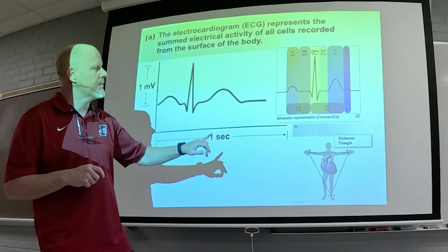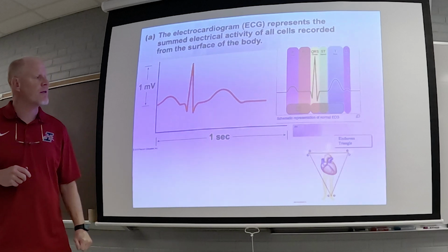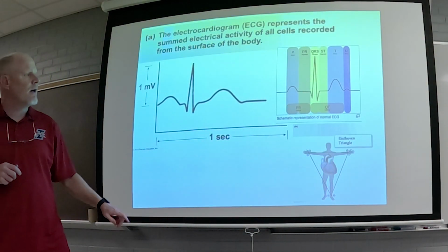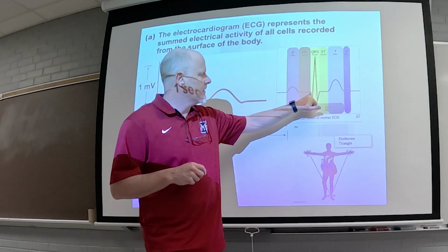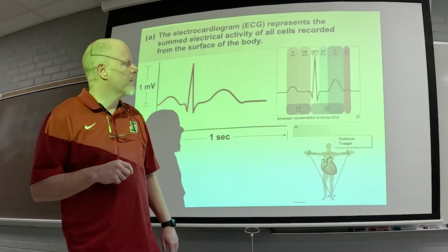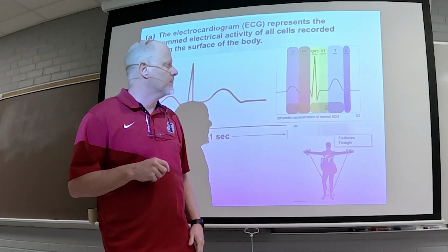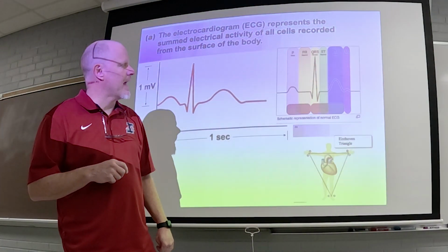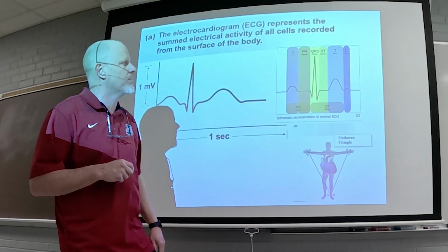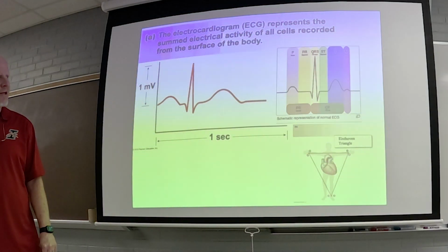And you have, for us, three major waves. The P wave, which is atrial depolarization, right? And then you'll have a segment here called the PR segment, which is basically the part of the EKG that's flat between the P and then the QRS wave, which is the most complicated wave, the tallest wave, which is ventricular depolarization.